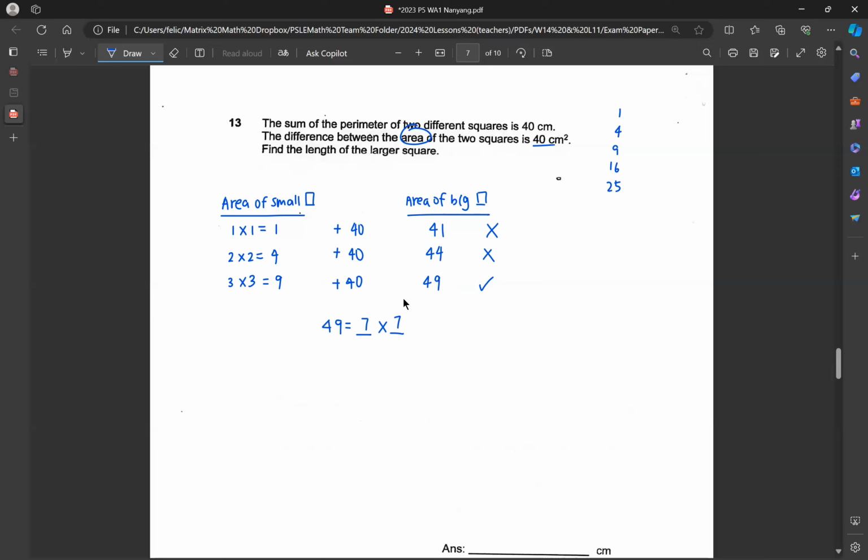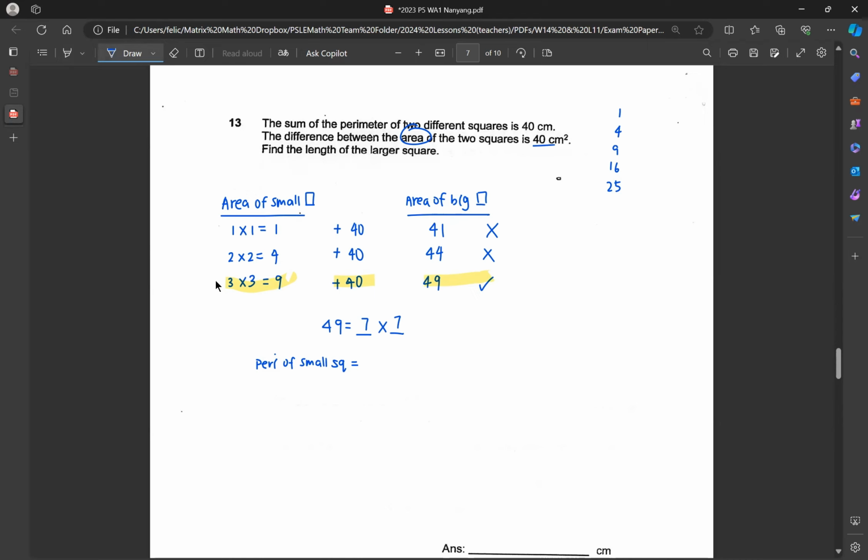Now with this, we can finally test out the perimeters. So perimeter of the small square first, let's do that. So for the small square, assuming this result is the correct one, that means the side of the small square will be 3 cm.